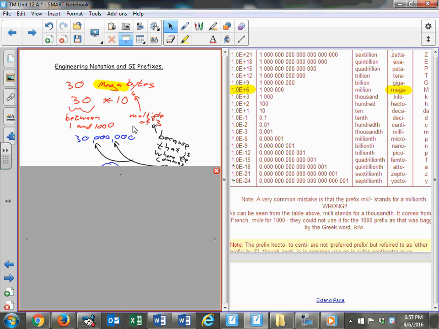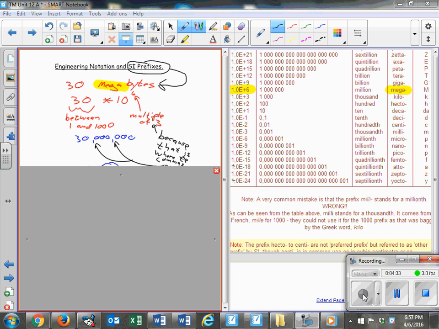All right. So as you look at this, this top part is the SI prefix, which stands for International Science Prefix. I had to Google that.